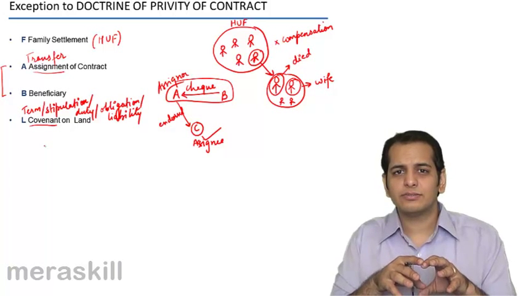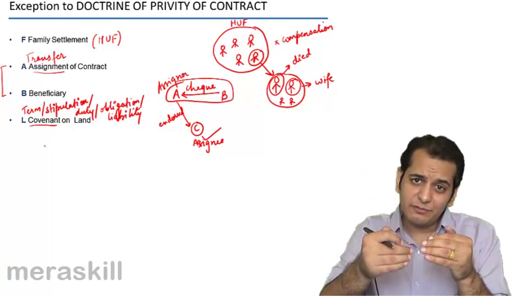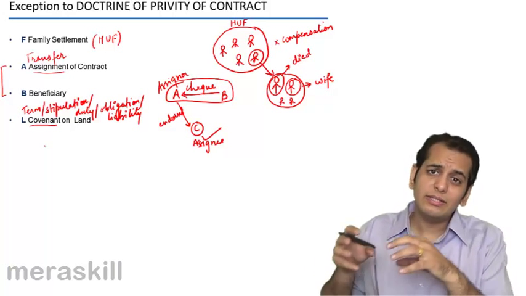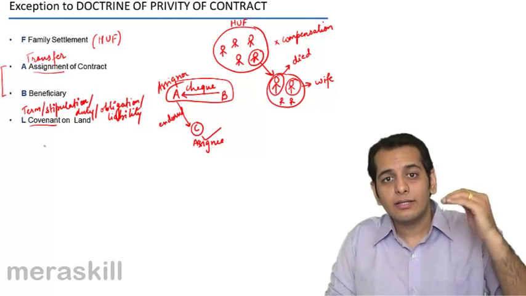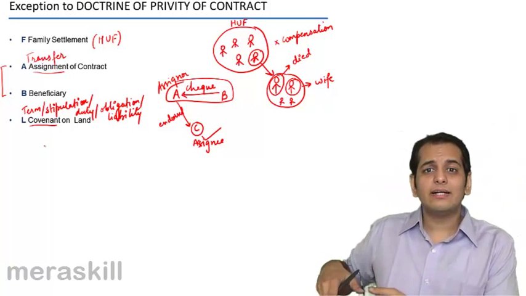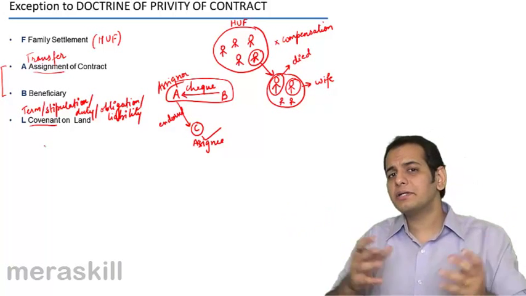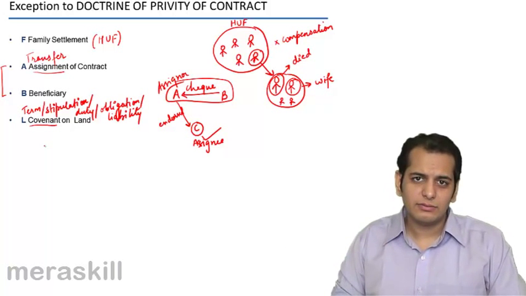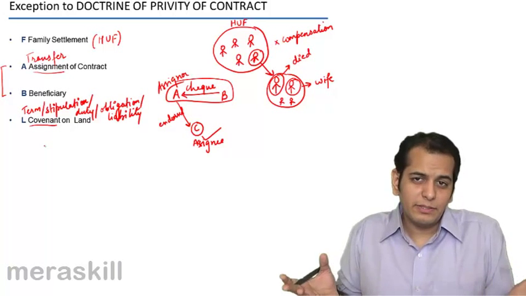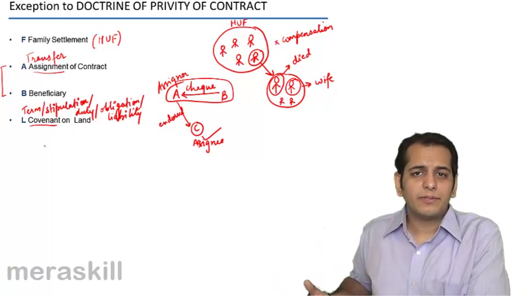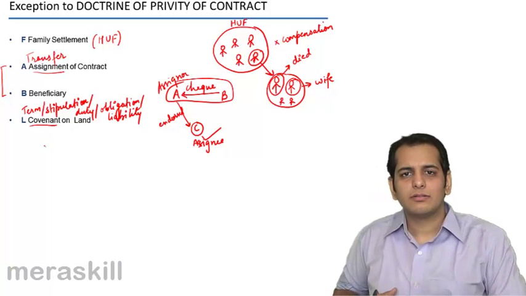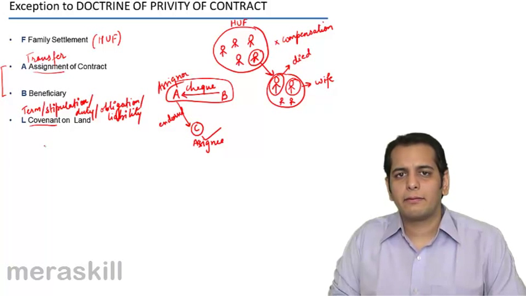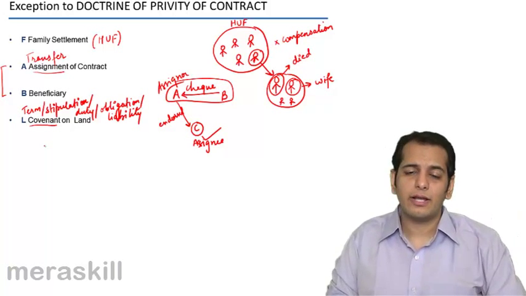So in such cases, even if the seller dies, the legal heir or the legal representative of the seller can sue the buyer, though the legal heir or the legal representative was never a party to the contract. Parties to the contract were seller and buyer, and possibly the legal representative or the legal heir of the seller does not have any business in this contract, but the court gives him this right.